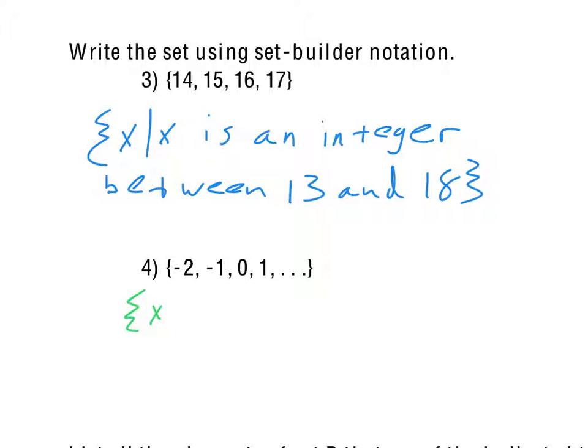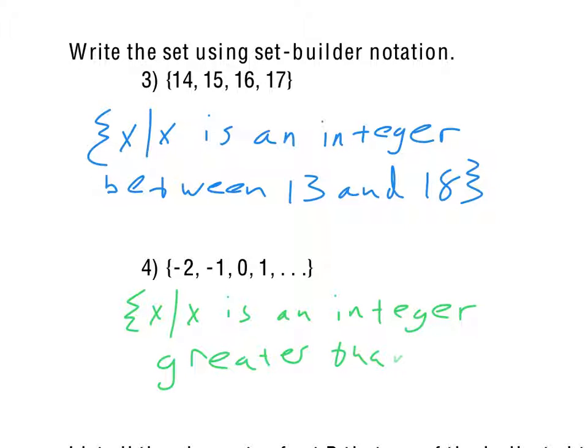We'll say x such that x is an integer and I'm just going to say greater than -3. Again, you could say greater than or equal to -2 if you wanted to. So there are a few variations you could use there, but this one works out pretty well.